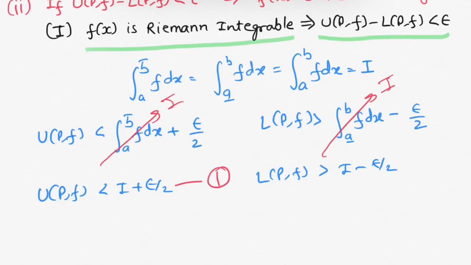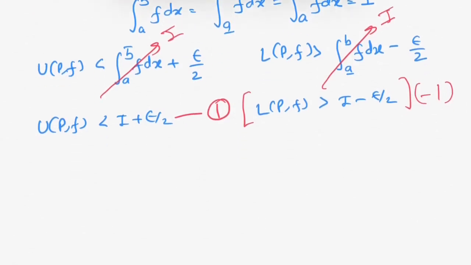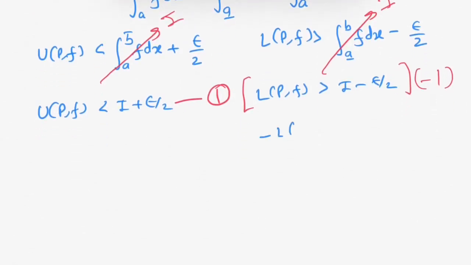Now to make this inequality sign the same as in equation number 1, I am going to multiply this equation by minus 1. So on multiplying we have minus L(P,f) less than minus I plus epsilon over 2. Now suppose this is equation number 2.